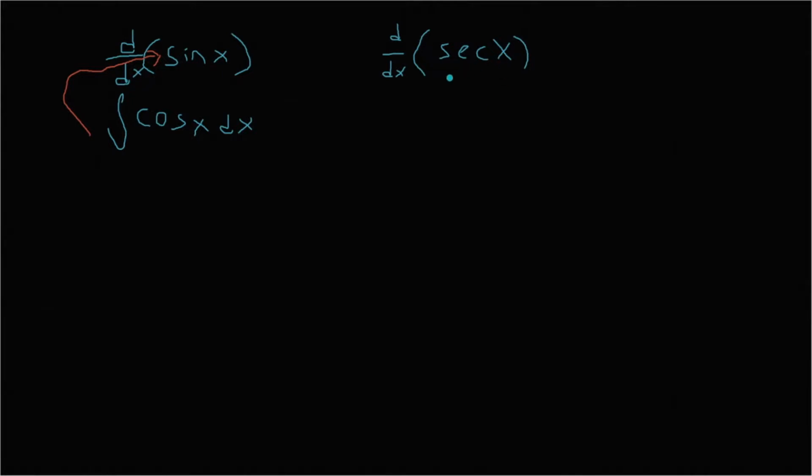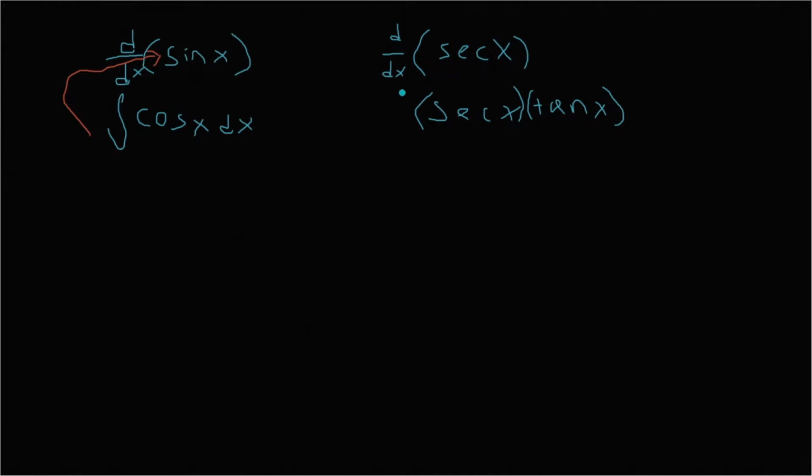And we could do the same thing, knowing that the derivative of secant x is secant x tangent x. And no, this is not inside; these things are multiplied together. Secant x, tangent x.